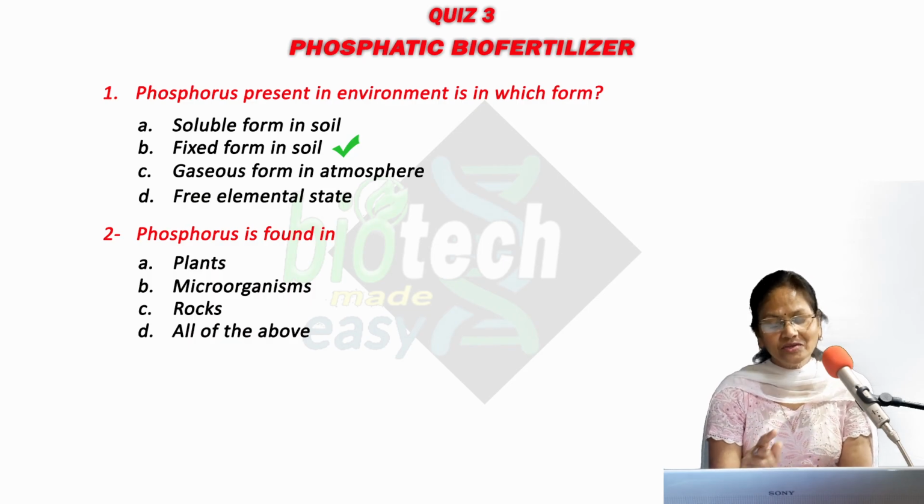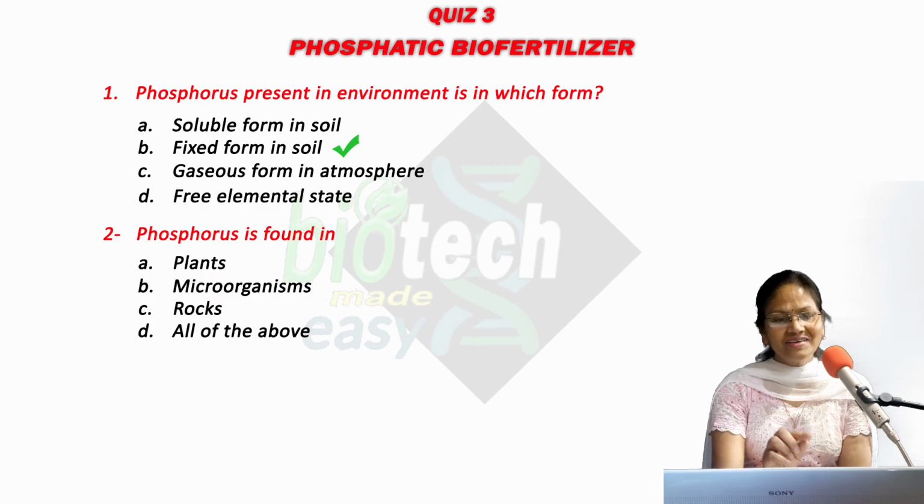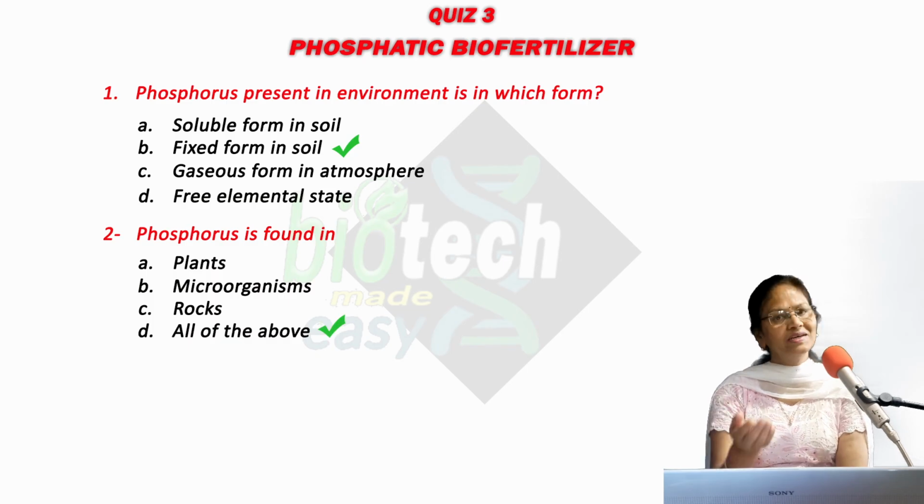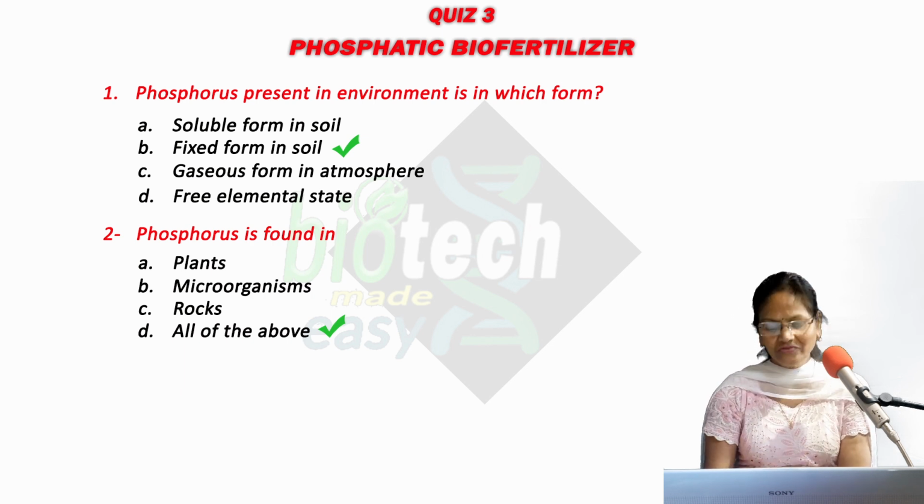So let's see the answer. It should be present in plants, in microorganisms, and in rocks also. So the answer should be the fourth one, all of the above. Either in organic form or inorganic form, it is present in all three.